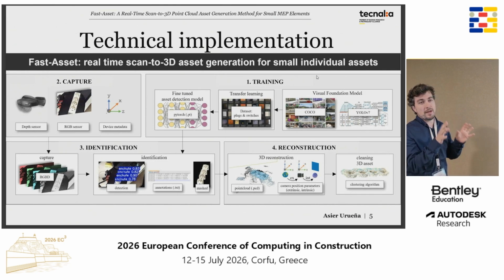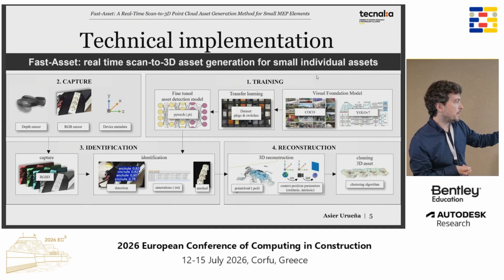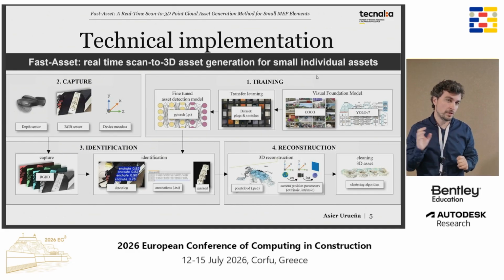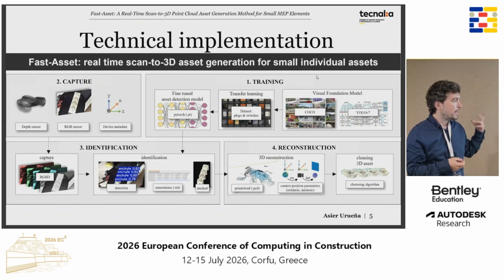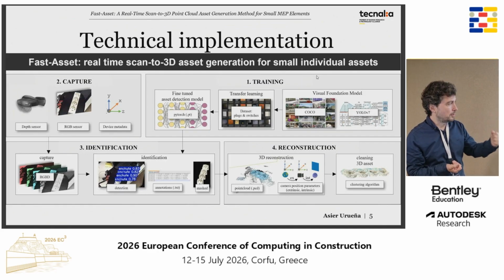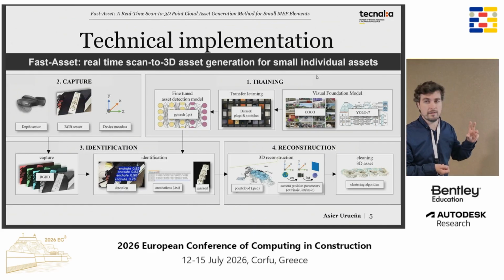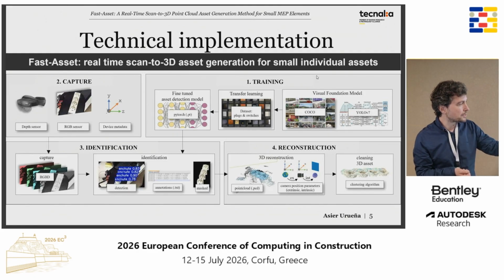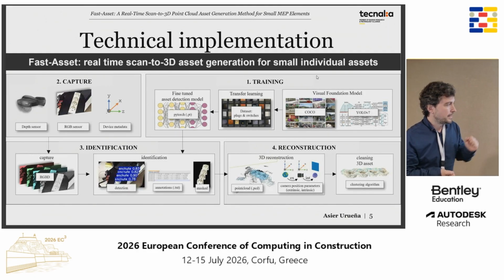It also already calibrates the depth information with the image information in real time, so you gain some steps there. In the identification part, the person walks through the site in real time and the YOLO model identifies all the different trained elements. And then there is a last reconstruction phase.